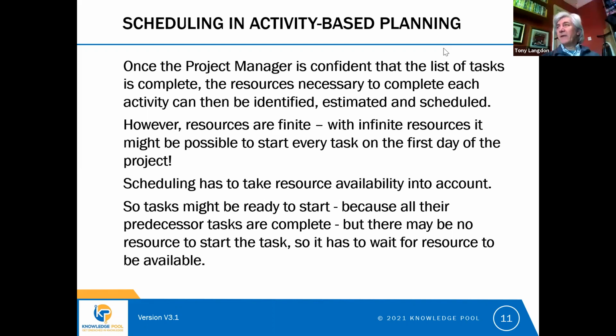So once we're happy that we've got our list of tasks, we can move on to estimating the resource that's needed and the duration of the task, and we can then look to schedule the tasks. And this is where it starts to become very useful, particularly as projects get bigger, to have a software tool to help us, because it can help enormously with the scheduling of tasks. And we'll go on to see about how that works in just a little while.